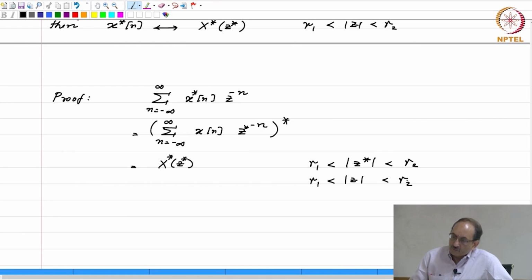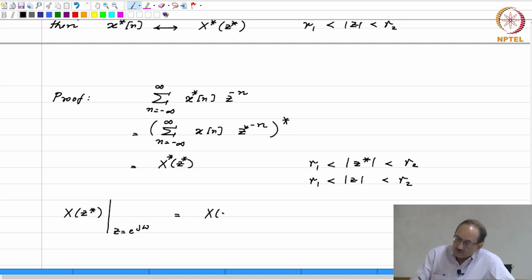And the DTFT property is very simple. If you have x of z star, and if you replace z by e to the j omega, you get x of e to the minus j omega.